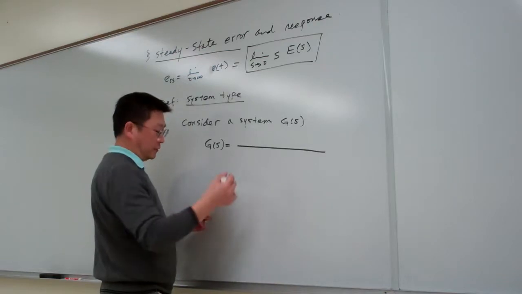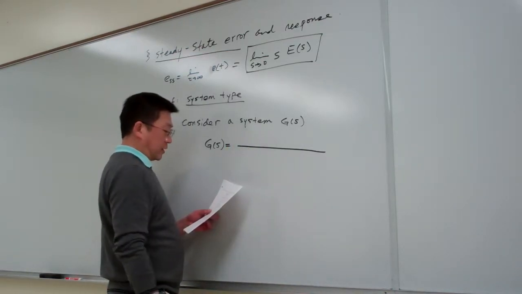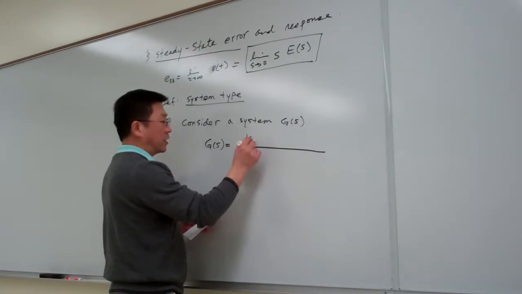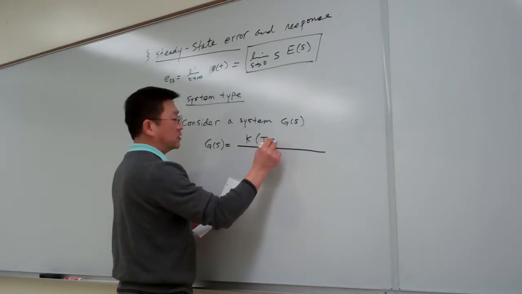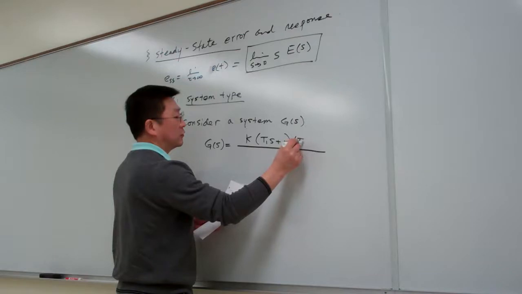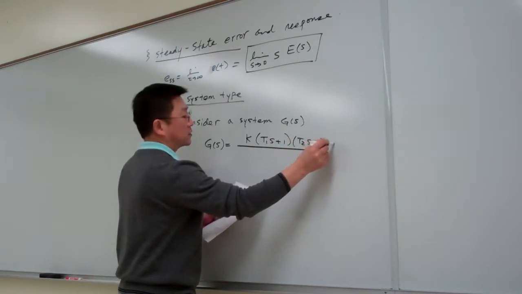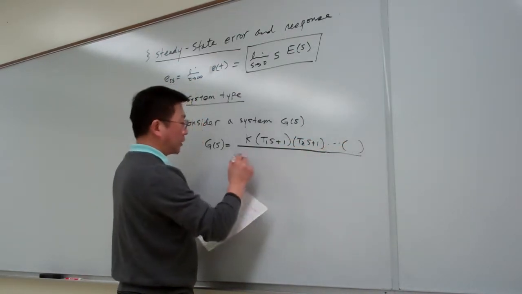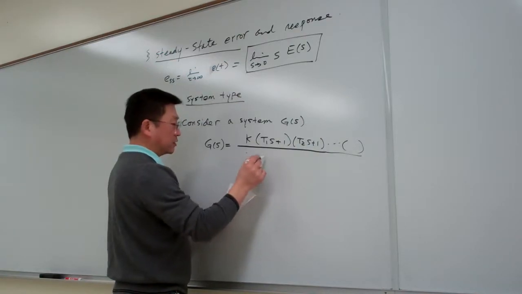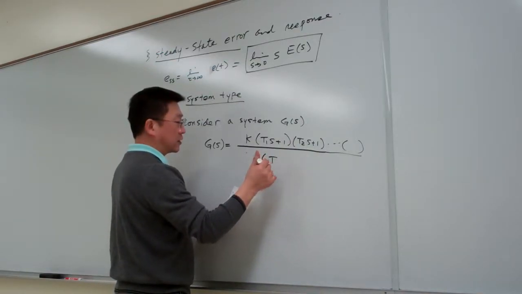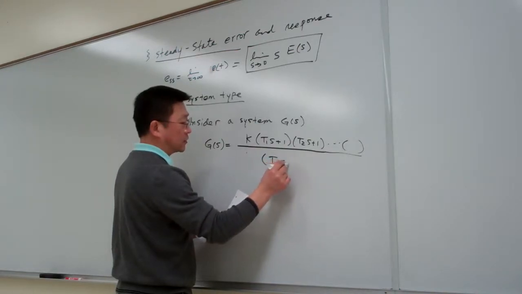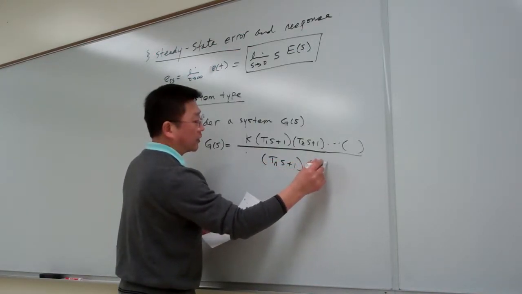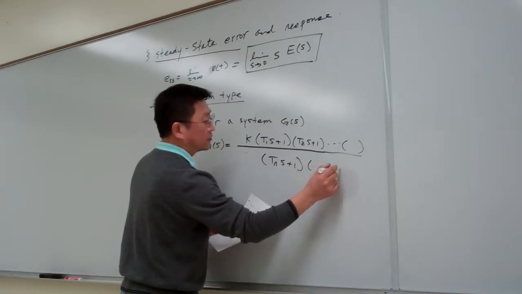Let me make up one. Say this is K times (T1 s plus 1) and (T2 s plus 1), etc. And the denominator here, let me make up one, (Tn s plus 1) and multiplied with something.